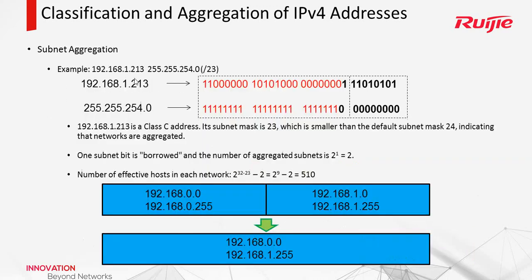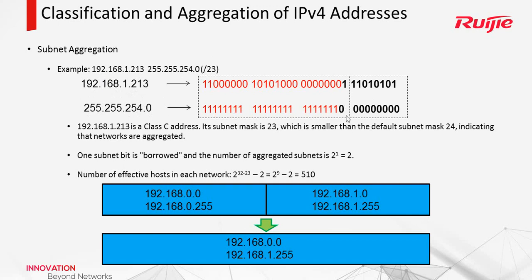Here is another example. I recommend you use the stop button and write it by yourself first. Now, if you have finished it, we can talk about it again. This time, the mask is 23.